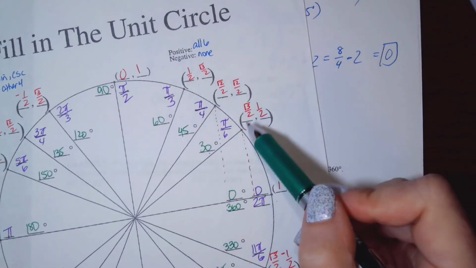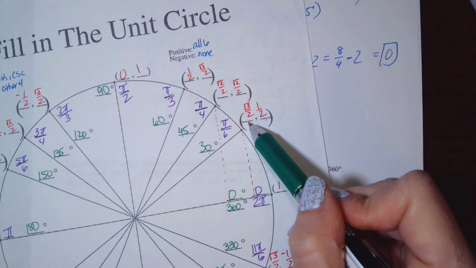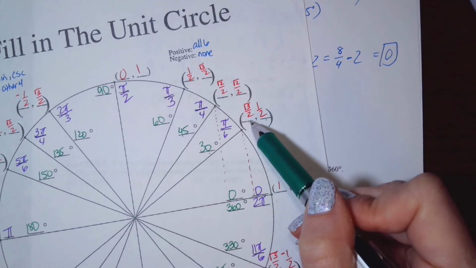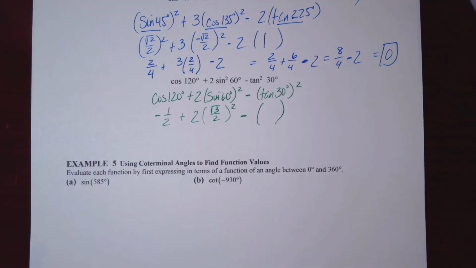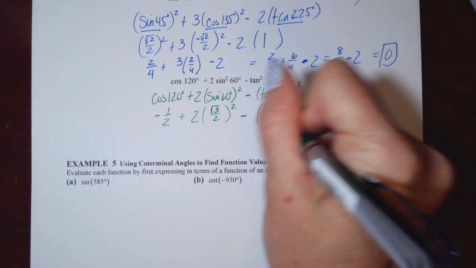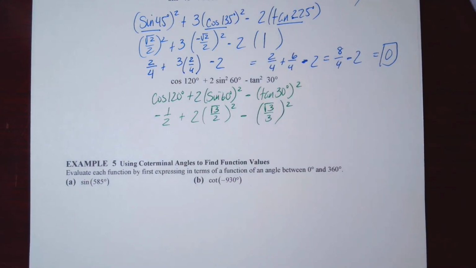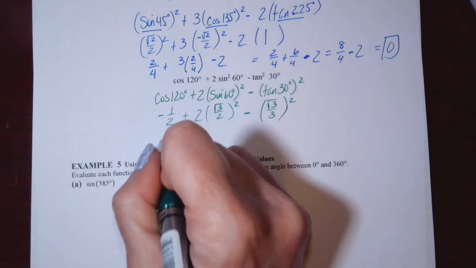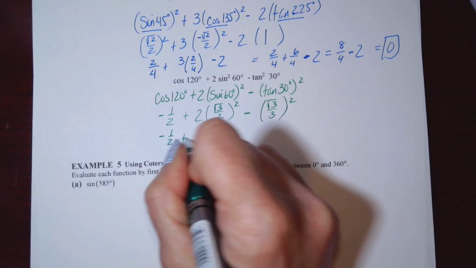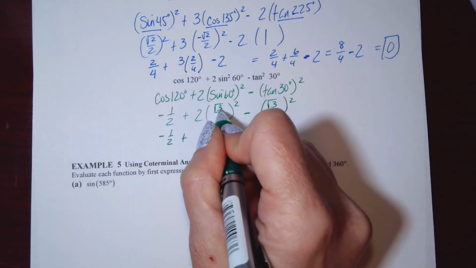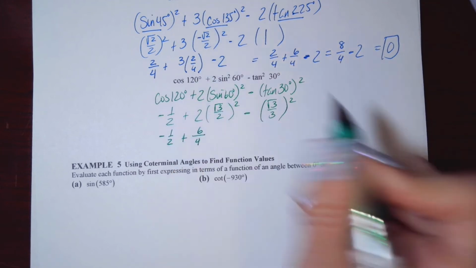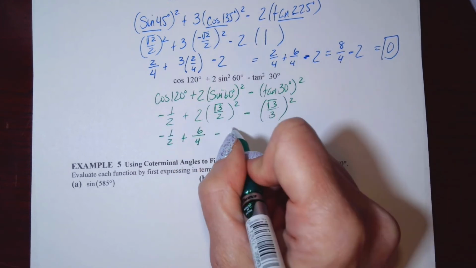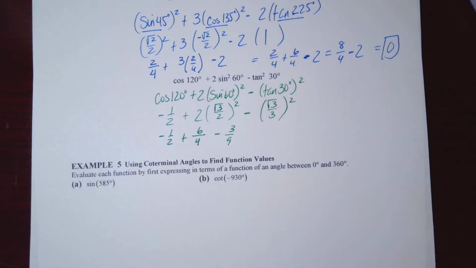tangent of 30. Tangent is y over x. That gives me 1 over square root 3, which becomes square root 3 over 3, square root 3 over 3 squared. So I've got a negative 1/2 plus square root 3 squared is 3 times 2 is 6 over 4 minus 3 over 9.